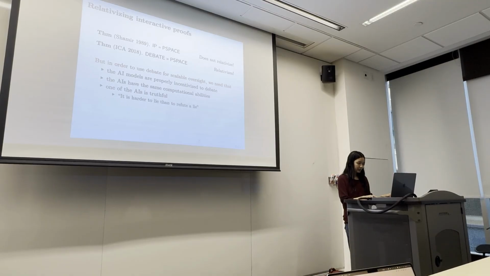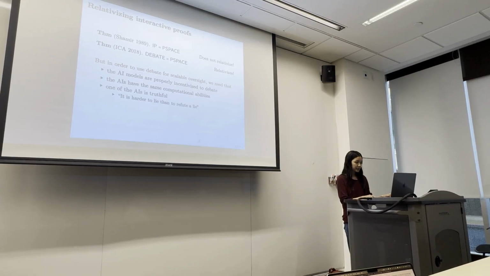In order to use debate for scalable oversight, we need to make these assumptions which might or might not be realistic. We first assume that the AI models are properly incentivized to debate. Secondly, that the AIs are symmetric, with the same computational abilities. And finally, the most worrying assumption is that we have to assume one of the AIs is actually telling the truth.